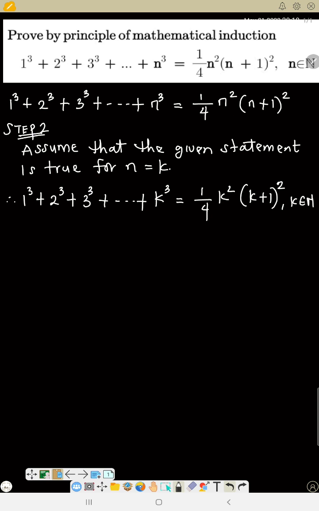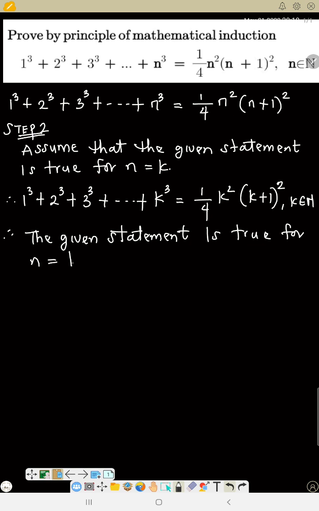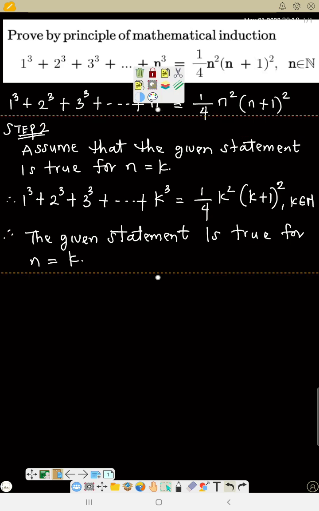So if you have replaced that with k, then you conclude the given statement is true for n equals k. So that is step 2. Now step 3, where we do simple manipulation.